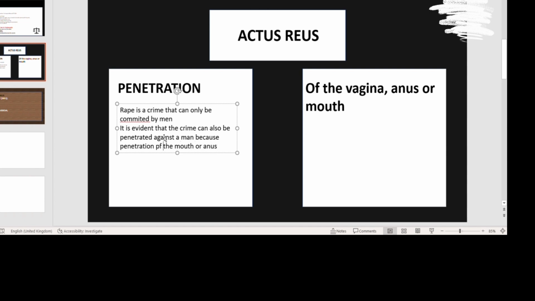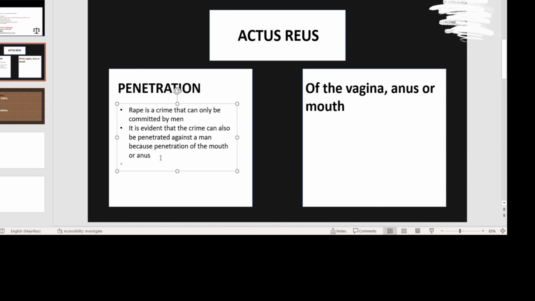If you penetrate someone through the mouth or anus, you can penetrate anyone, but it should not be an animal; it always should be a human being, whether a child or anyone, whether a doctor. We have the famous case, as we always talk about.